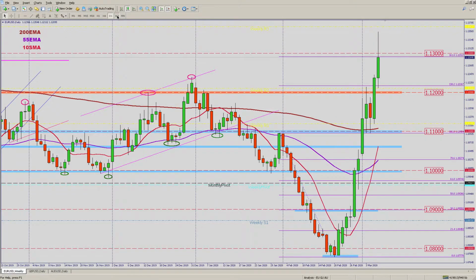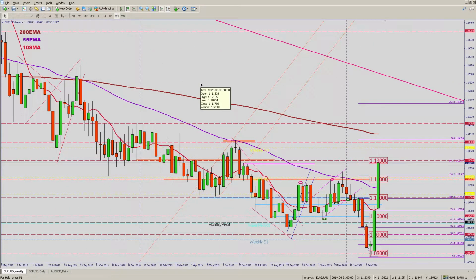Let's take a quick look at the weekly time frame, and you can see the continuation move from the previous week, and it looks like it could continue to move higher to retest the swing high of the middle of last year at the 114 level, where just above it is the 200 fib extension at 114.13.